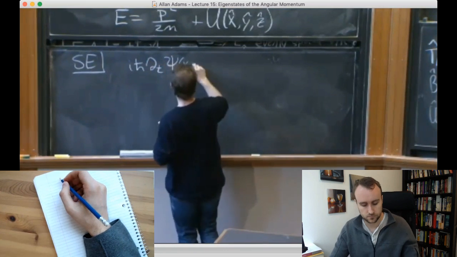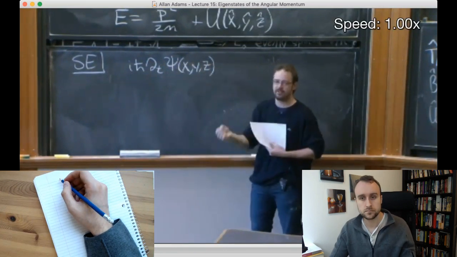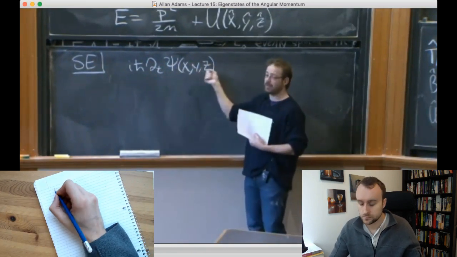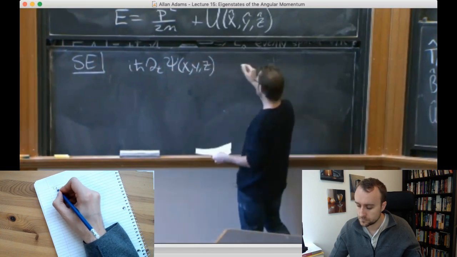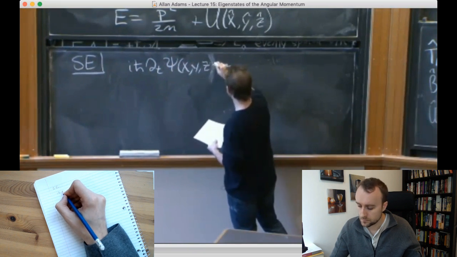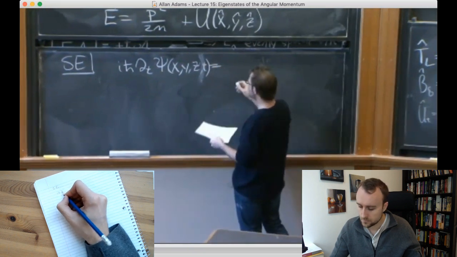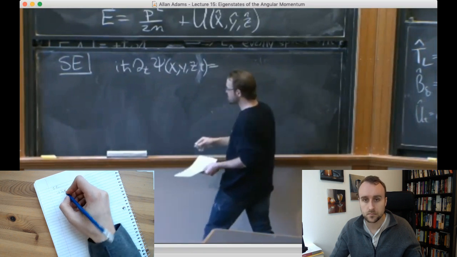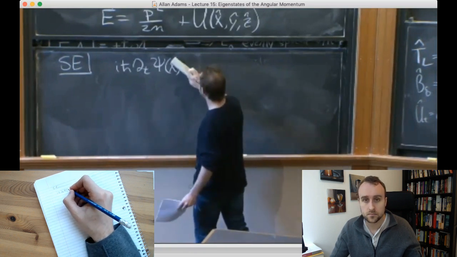Now our wave function is a function of x, y, and z. There's some finite probability density to find the particle at some position, and that position is labeled by the three coordinates. I'm actually going to write this in a slightly different form, which is easier using vector notation.